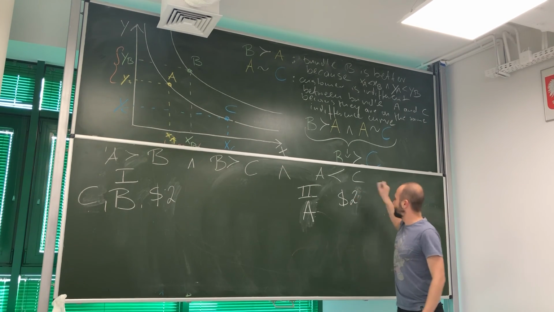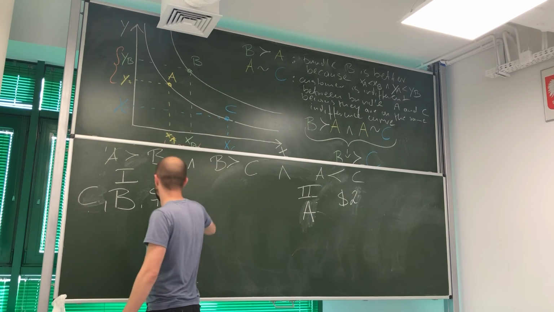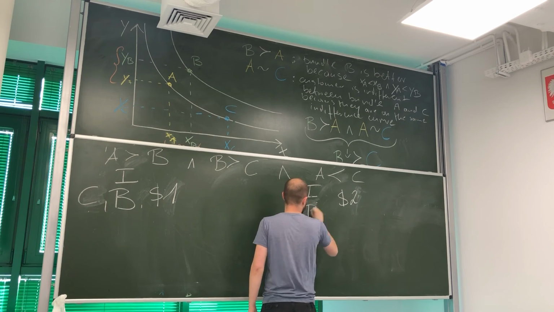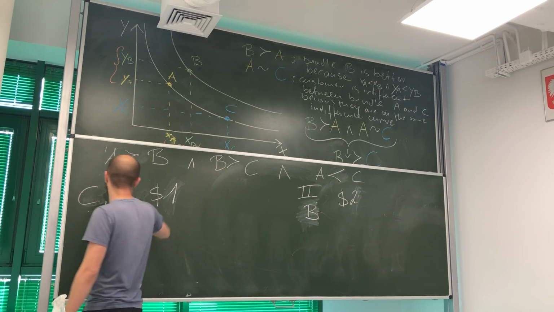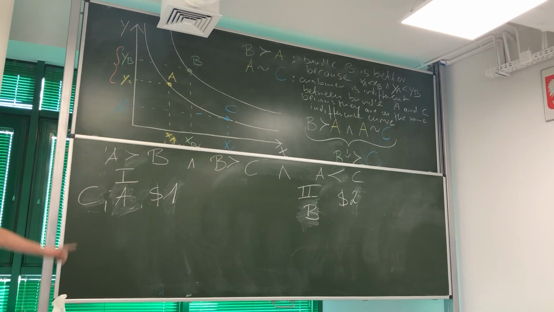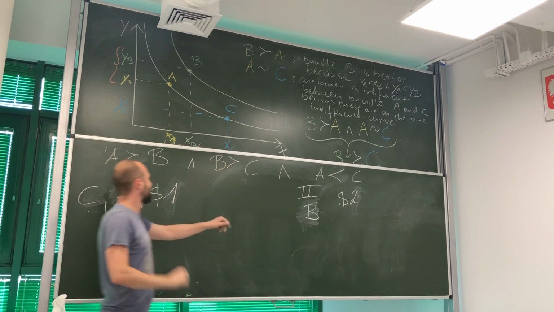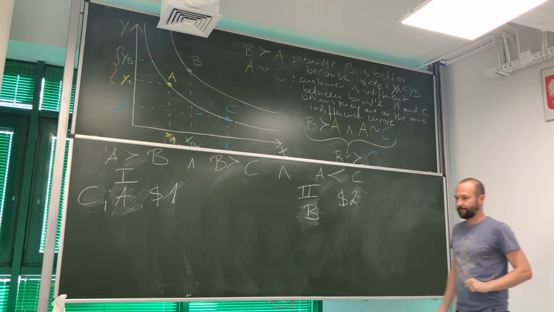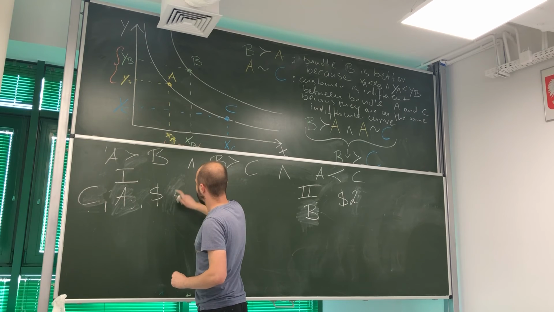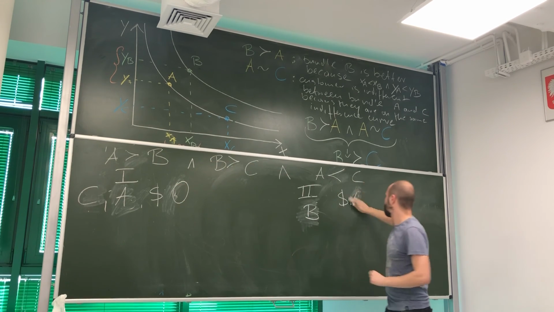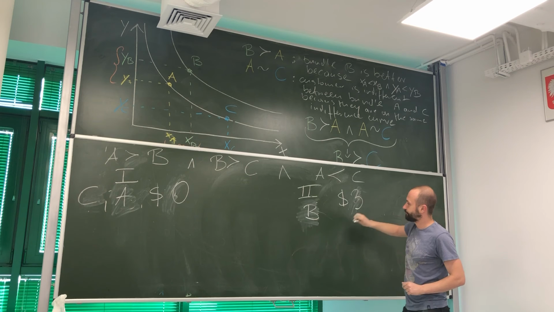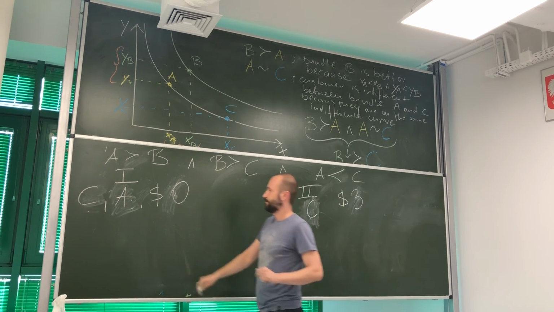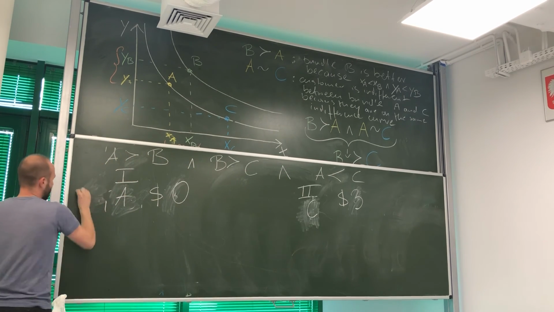So this person gets another $1 and exchanges B for A. Okay, and then finally he can say, I know that you prefer B to C, I'll exchange it for $1. This person now has $0. This person has $3. This person has C. And this person has B.